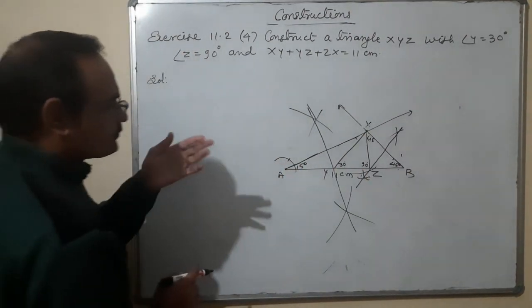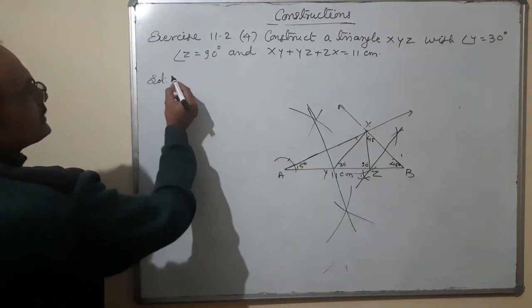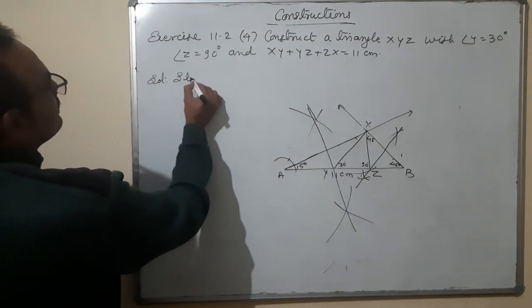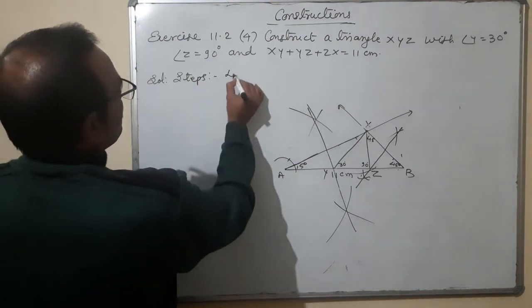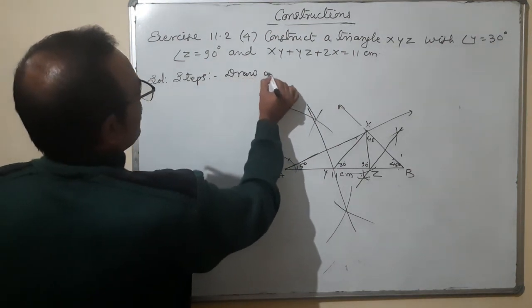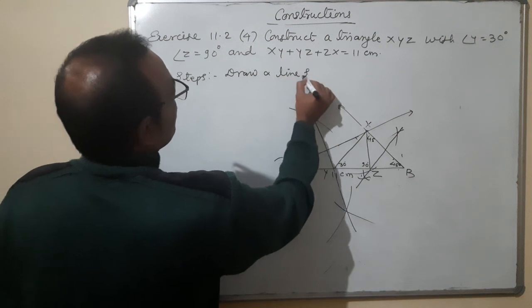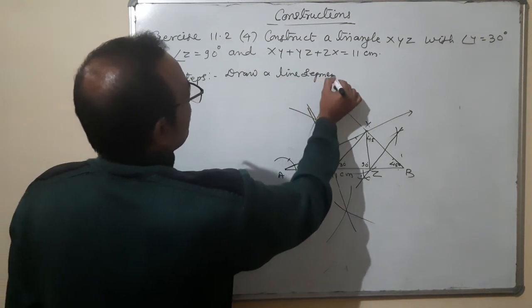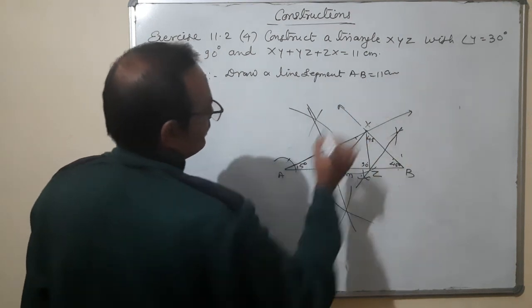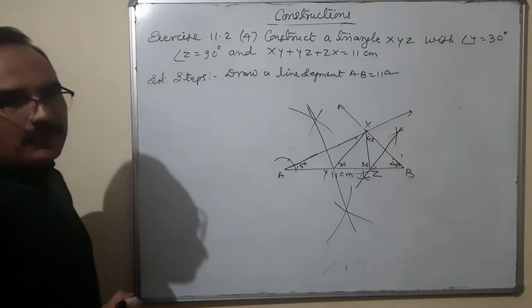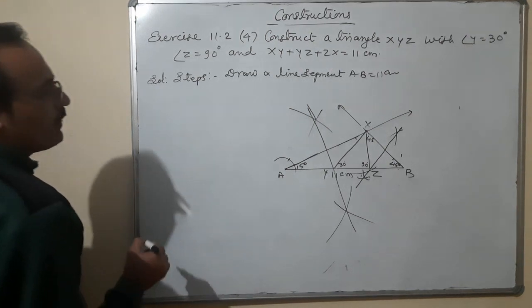Okay, construction steps. Number one, draw a line segment AB equal to 11 centimeters.